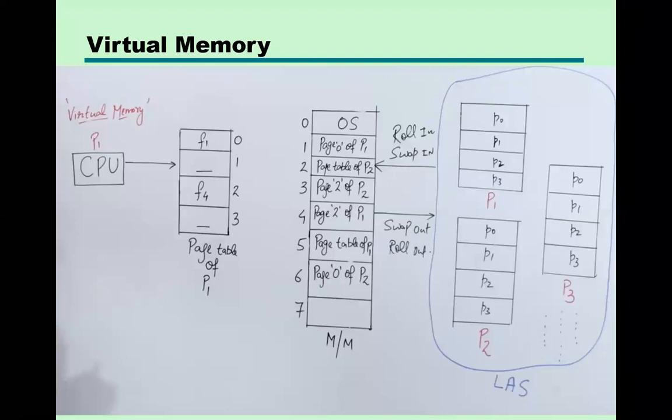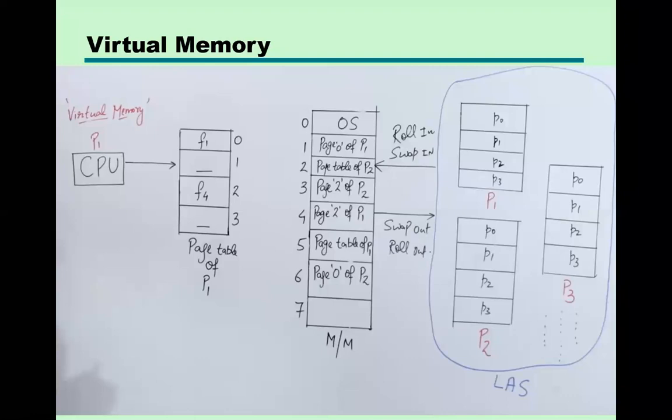For example, one process is there, and to execute that process at least 8 GB is required, right? And your laptop has only 4 GB. Your laptop has 4 GB, but to execute that process, minimum 8 GB is required, right? So this is the condition.